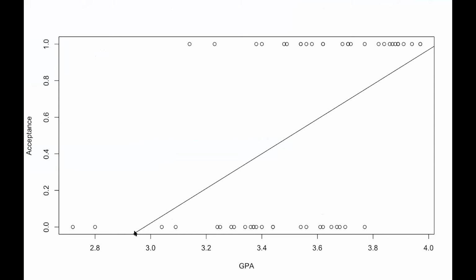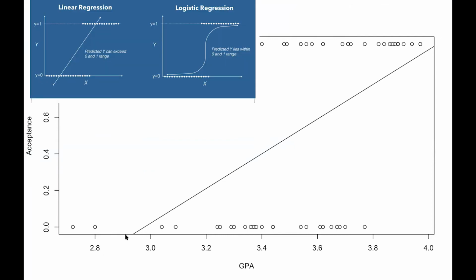It can be 0, it can be 0.2, 0.4, 0.6, and even 1. Or it can go beyond, right? It can even be a negative number. So that is not reasonable. You cannot predict acceptance 0 and 1 using a number that is negative or greater than 1 or any number in between.